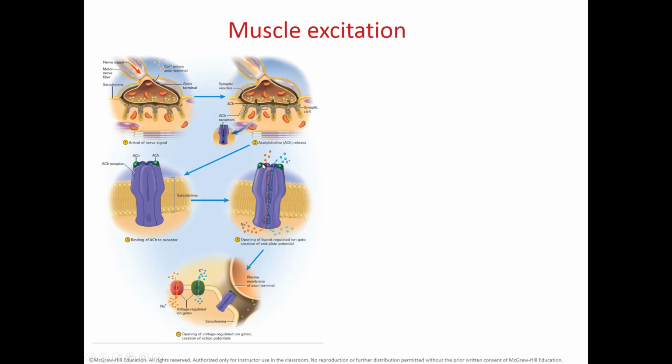And then you will have opening of these channels, so you have incoming sodium and extruding of potassium. Potassium here is represented by these blue dots, while sodium by these orange dots. And then you have opening of these voltage-regulated ion gates, creating an action potential in the actual muscle fiber.